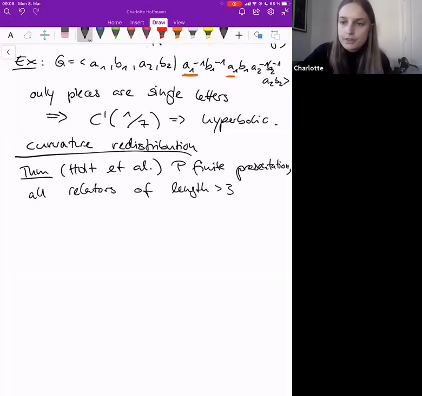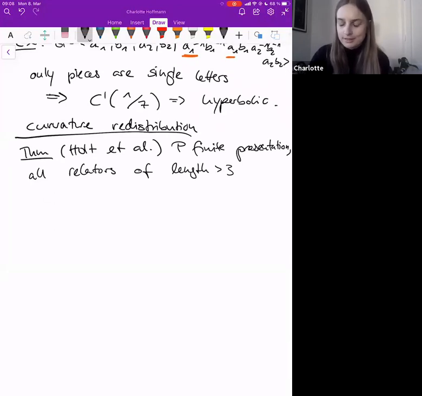In the original theorem, they don't assume this, and this is actually one of the strengths of their procedure, that you can have very small relators and still prove hyperbolicity. But for our cases, the theorem will look a little bit more complicated, and I only need the cases where they are larger than 3, so I will include this here.